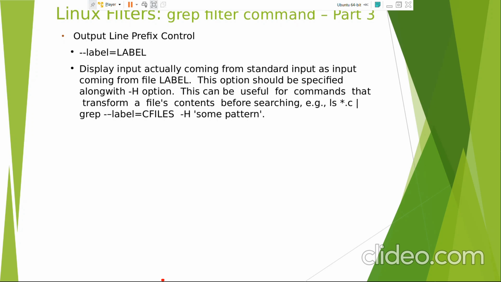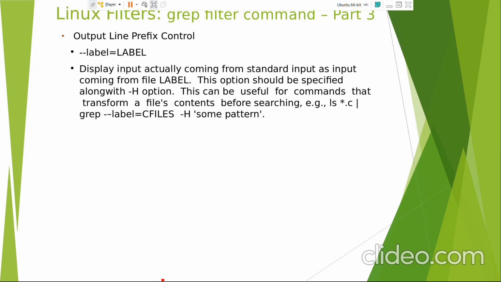For example, I am executing the ls command and piping its output into grep. Maybe I am giving ls *.c, because I want to list all the .c files. But now grep is reading from the pipe, right? So it is reading from the standard input.